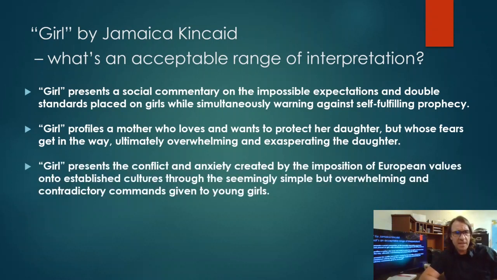"Girl presents the conflict and anxiety created by the imposition of European values onto established cultures through the seemingly simple but overwhelming and contradictory commands given to young girls." All right, now we're getting interesting. And so that's a little bit more nuanced. It maybe wasn't the central theme or idea of the entire text, but it was definitely in there. We definitely saw some of that contrast.